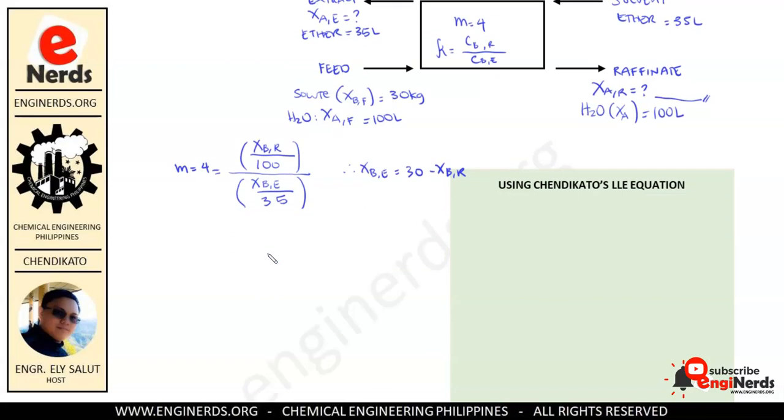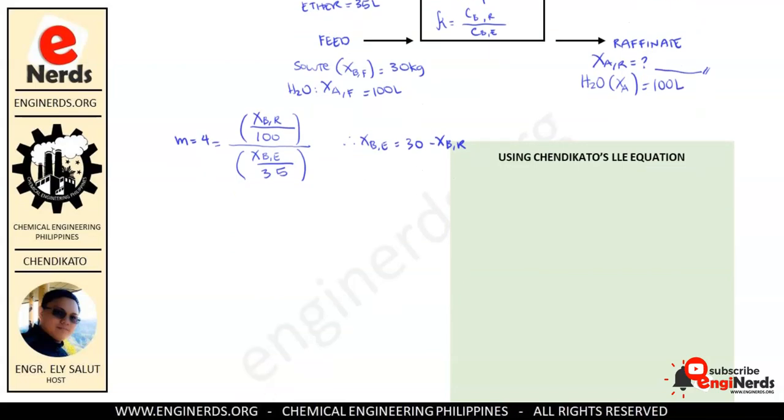Okay, so let's do that right here. So, we have here 4 is equal to XBR over 100 over 30 minus XBR over 35.